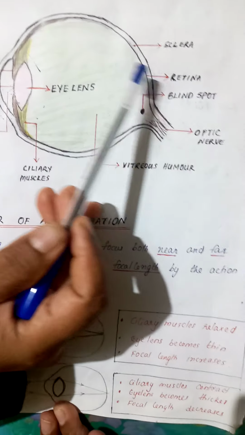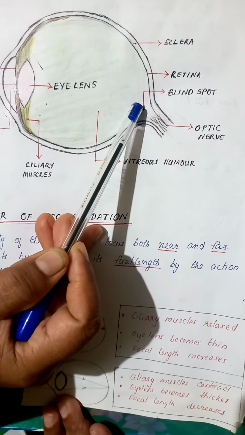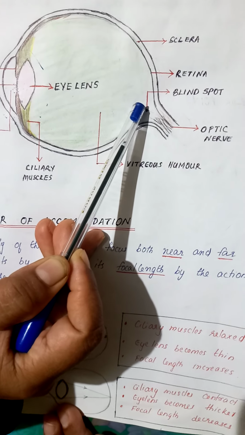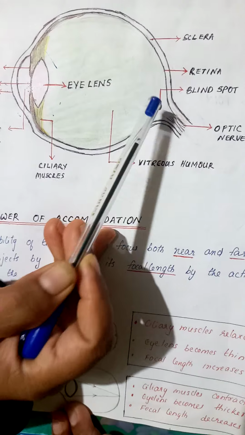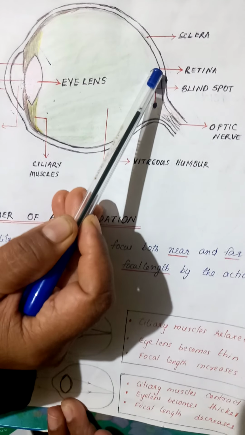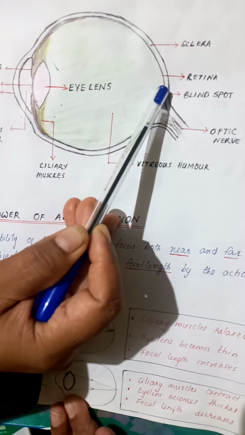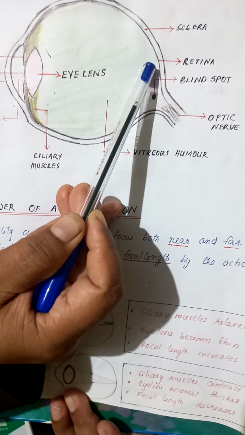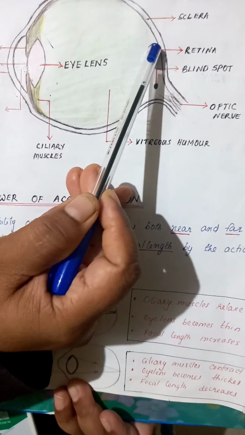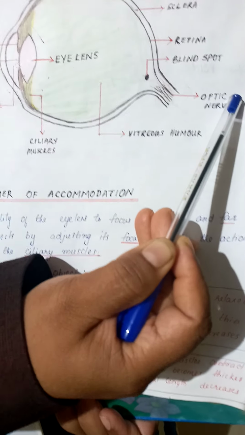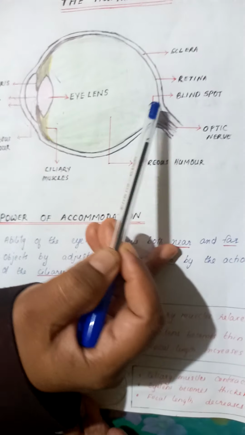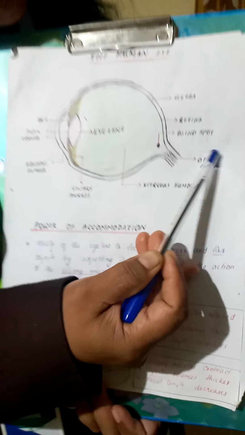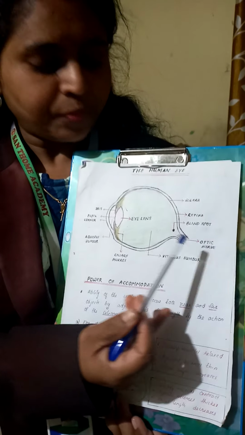In the retina, there are many light sensitive cells called rod cells and cone cells. When the image is formed on the retina, the rod cells and cone cells become activated and they start generating electric signals. These electric signals are taken to the brain with the help of certain nerves called the optic nerve.